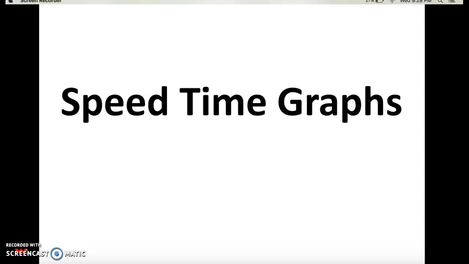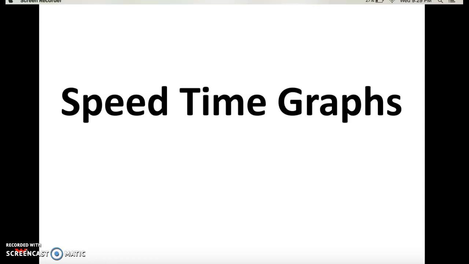Alright, so with speed time and distance time graphs, sometimes they can be a little confusing just because different sections of graphs mean different things for each one. So I would encourage you, as we're going through this mini lesson, to take off your distance time graph cap and put on a speed time graph cap.